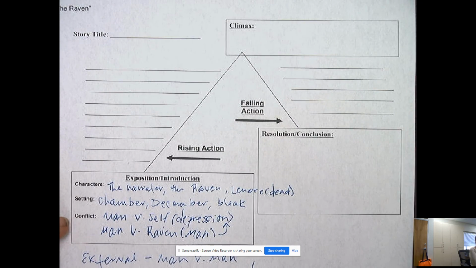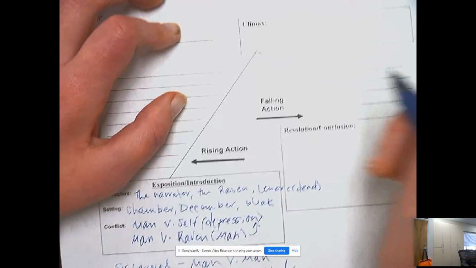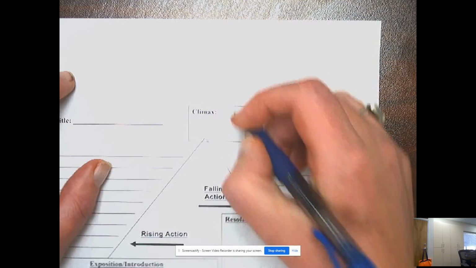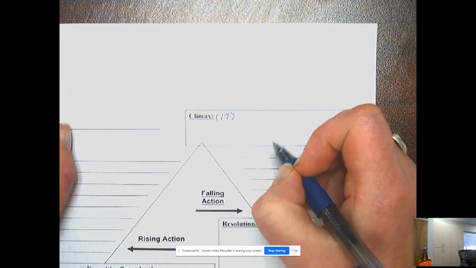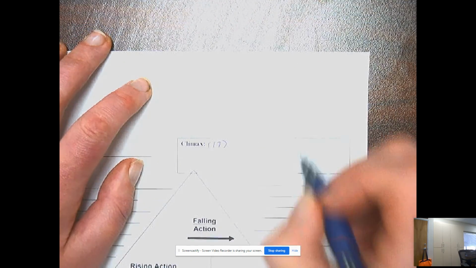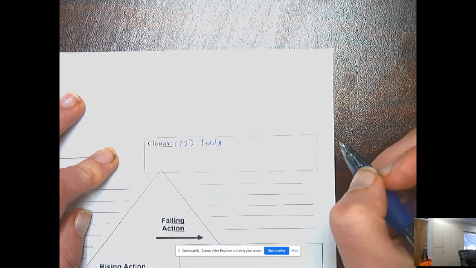So what I like to do is start with the climax. The climax of The Raven is what I think is stanza 17. In stanza 17, he tells the Raven to leave. Let me make sure you guys can see this.